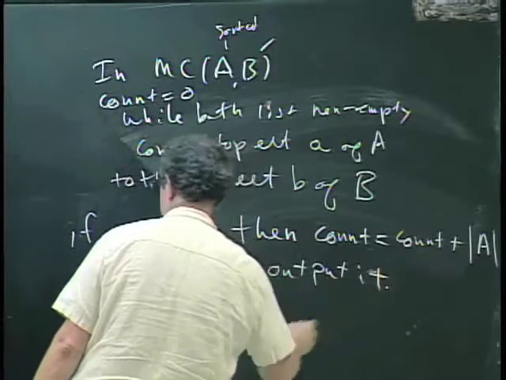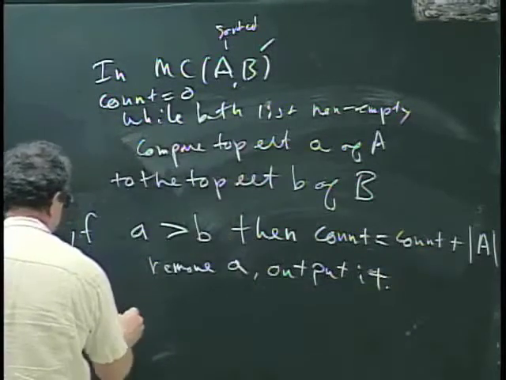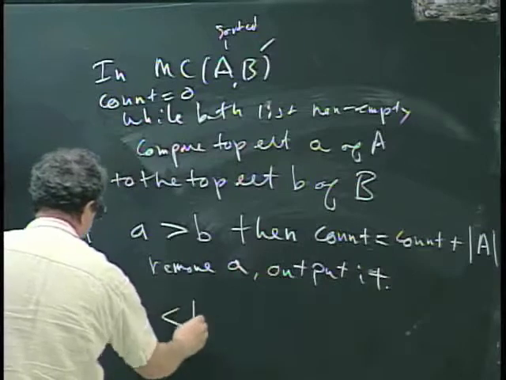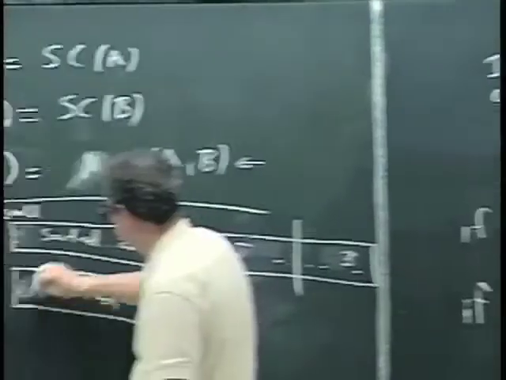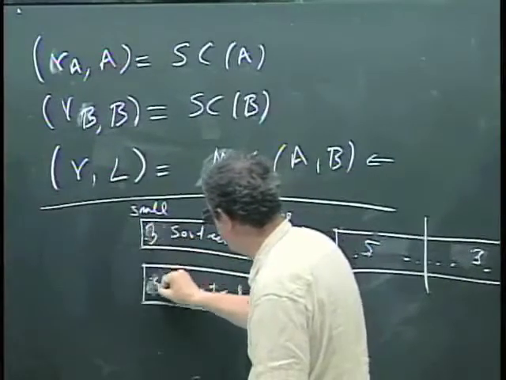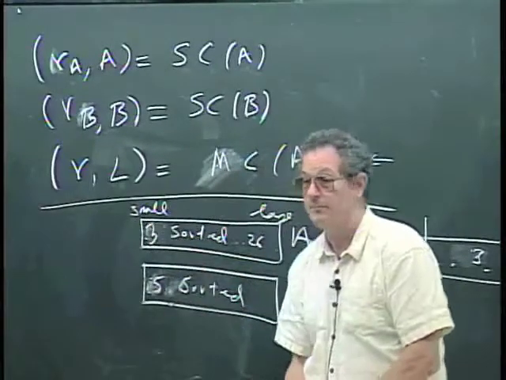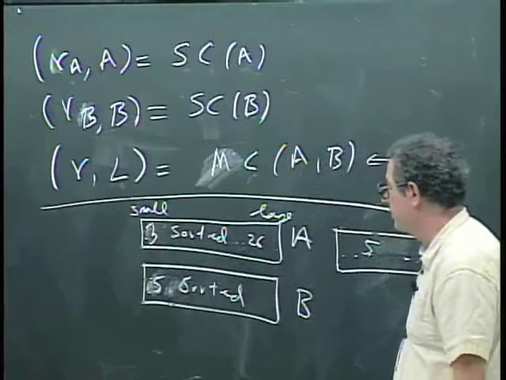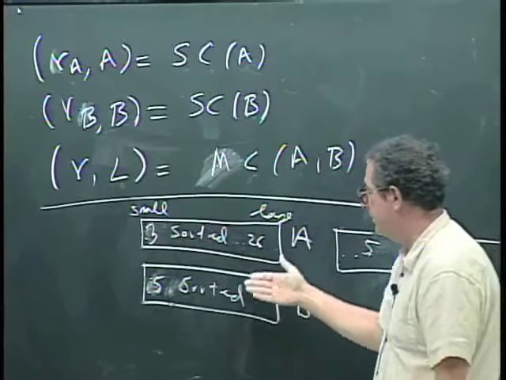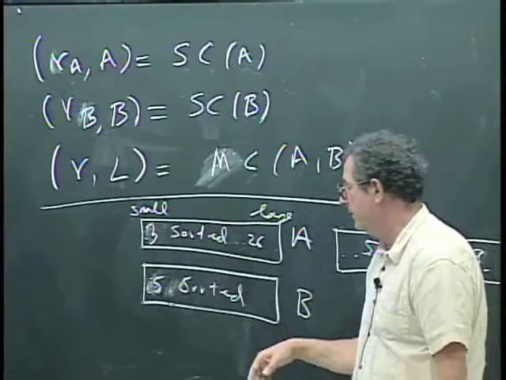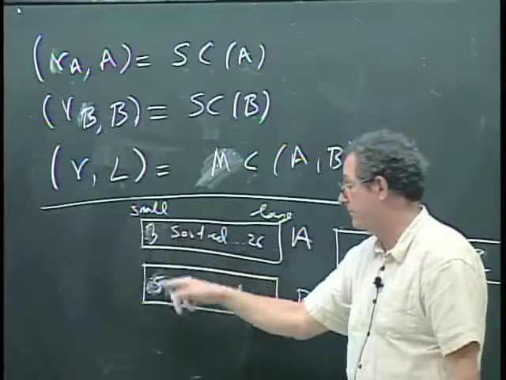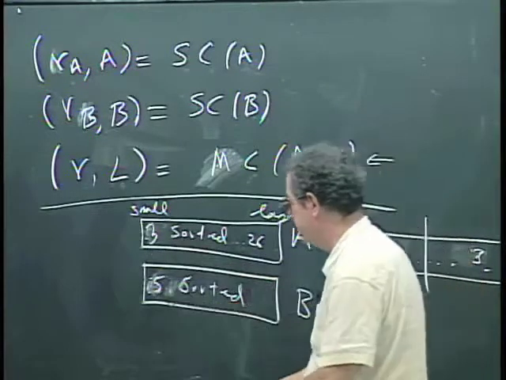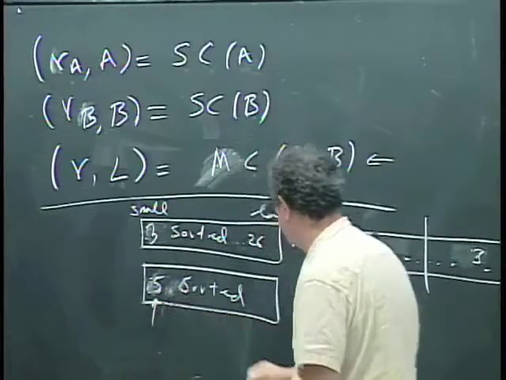Okay? But if a is less than b, and that was back to here, it was like this was 3 and this was 5, okay? Then we argued we can't know for sure that there are any additional inversions that involve this number. Okay, so what were we counting here?